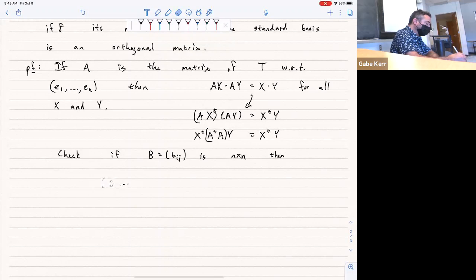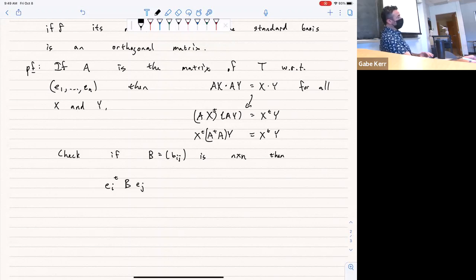Maybe I'll write it this way. Sorry, guys. Let me write it this way. Start with e_i transpose B e_j. Take the ith standard basis vector, take its transpose, multiply B on the left with it, and then multiply on the right with e_j. You can check. This will be a 1 by 1 matrix. It will be just B_ij.